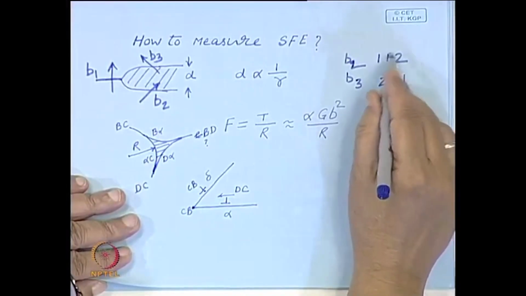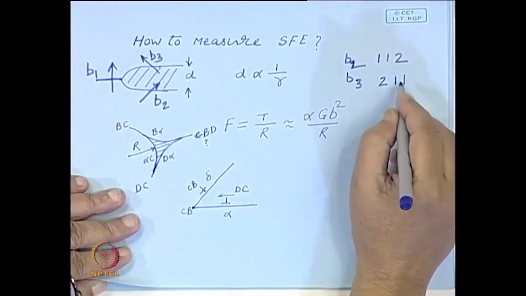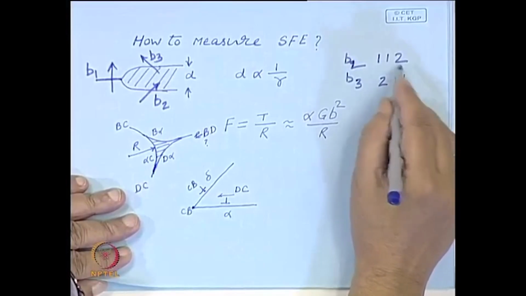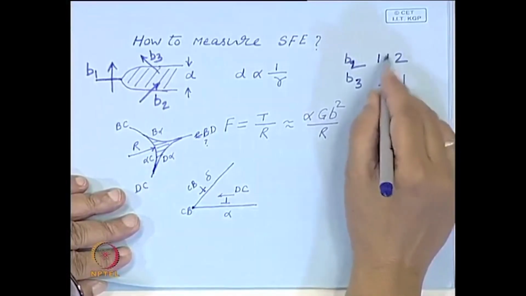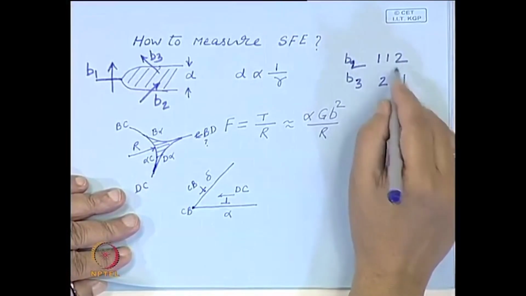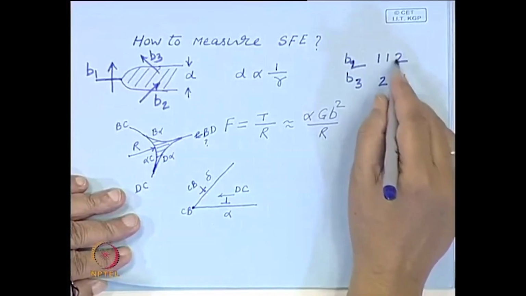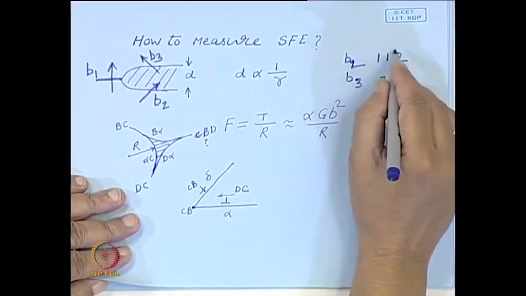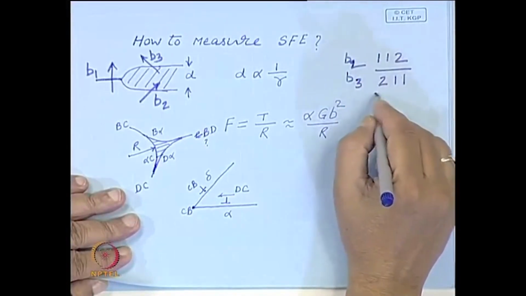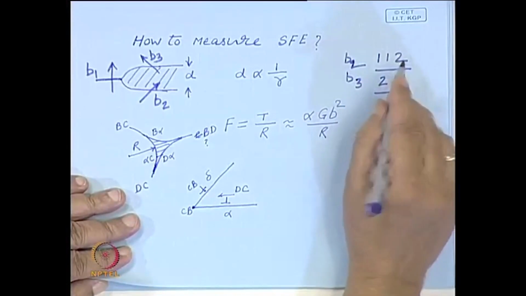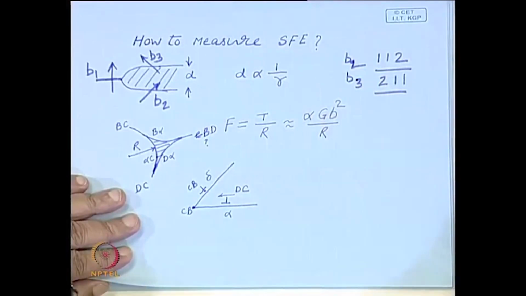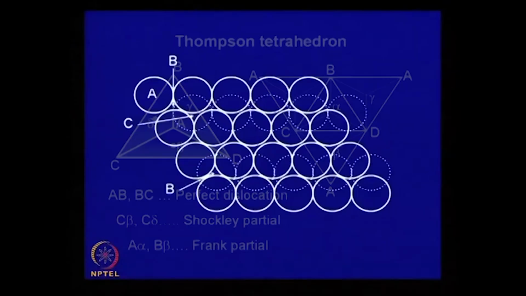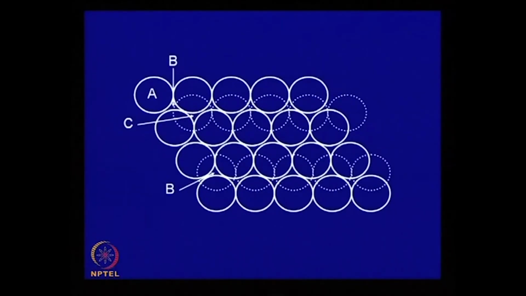In that case, what will be the plane? You have to imagine whether these two can lie in a particular plane or not, so that you have to check. It has been just written without confirming; they need not be in the same plane. But in a particular plane, we know that there will be three 1 1 2 directions.